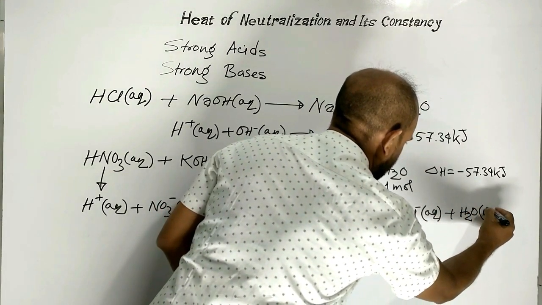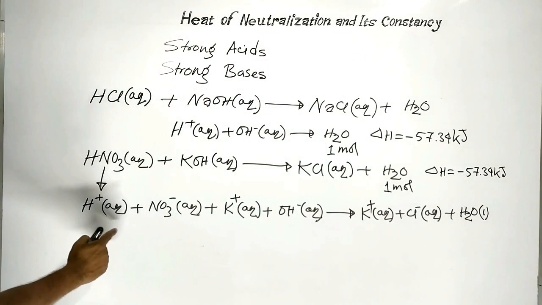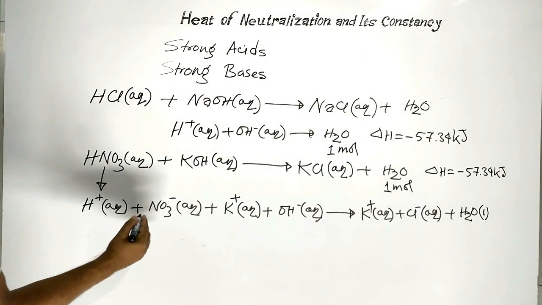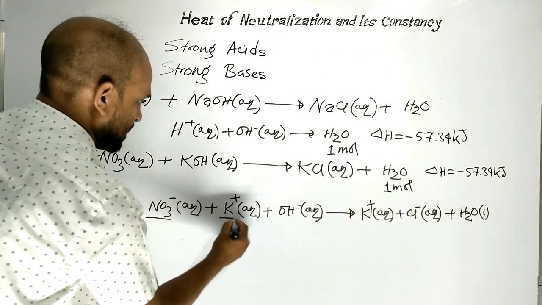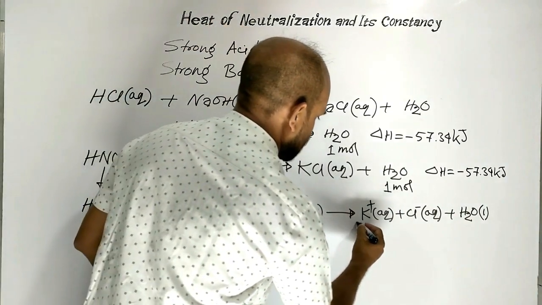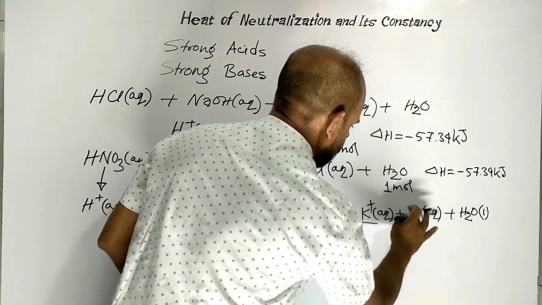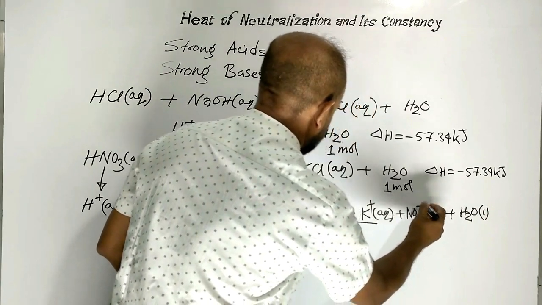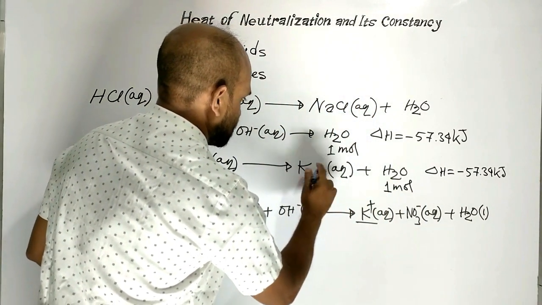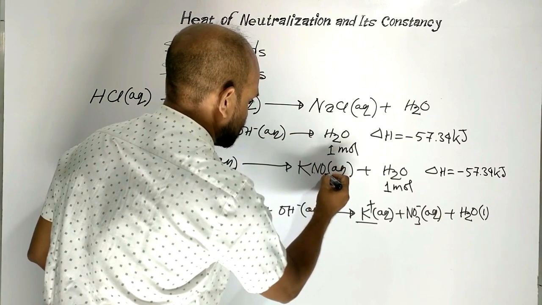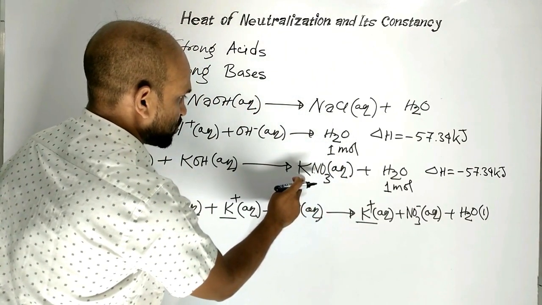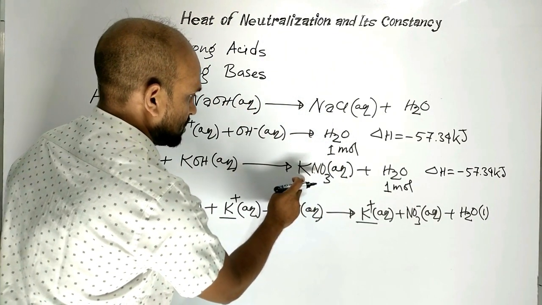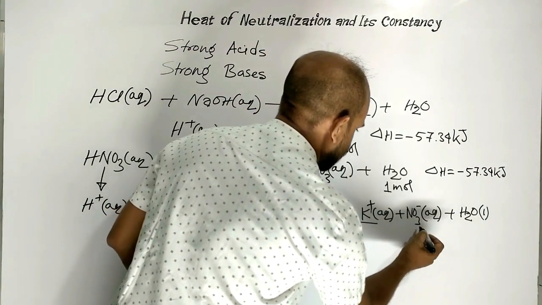Here the salt formed is potassium nitrate, which remains as ions, potassium ion and nitrate ion.